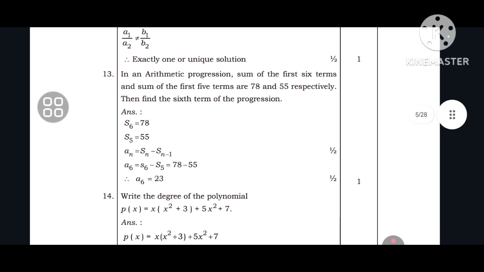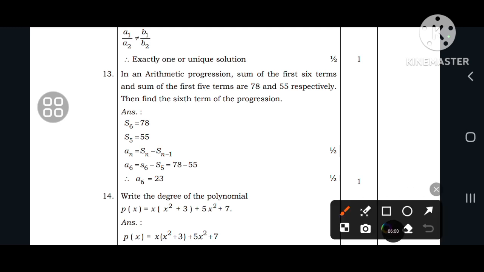In question 13, they asked: in an arithmetic progression, the sum of the first 6 terms and the sum of the first 5 terms are 78 and 55 respectively. Then find the sixth term of the progression. Here s6 is equals to 78, s5 is equals to 55. They have asked the sixth term.